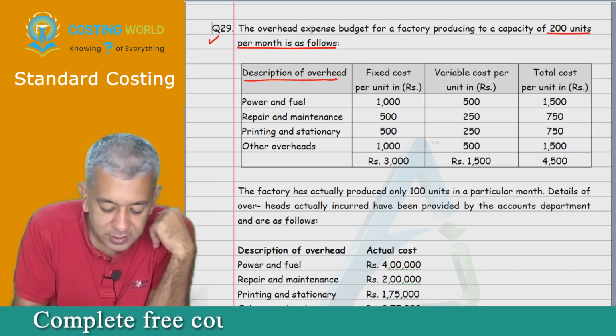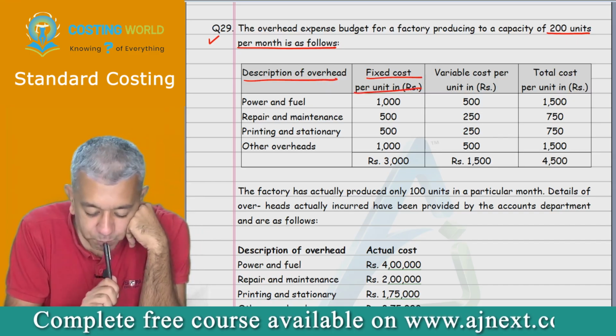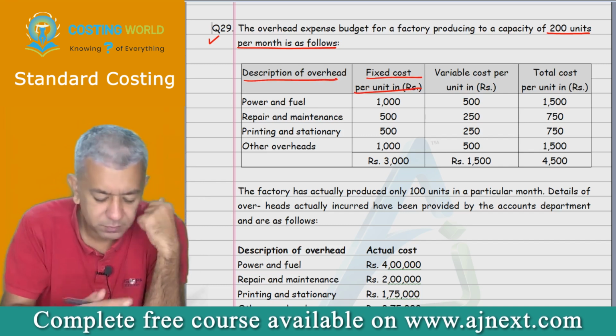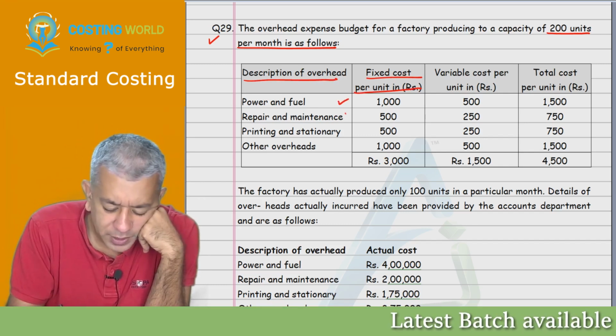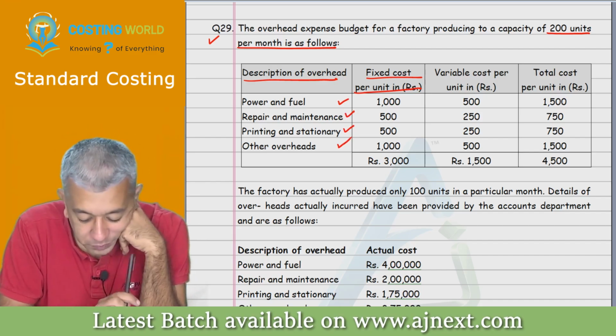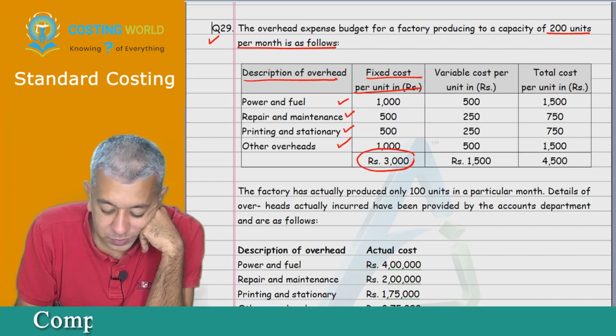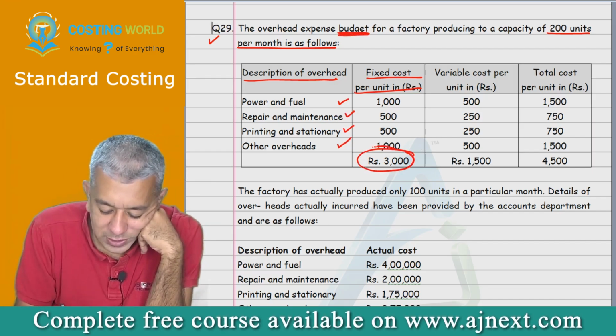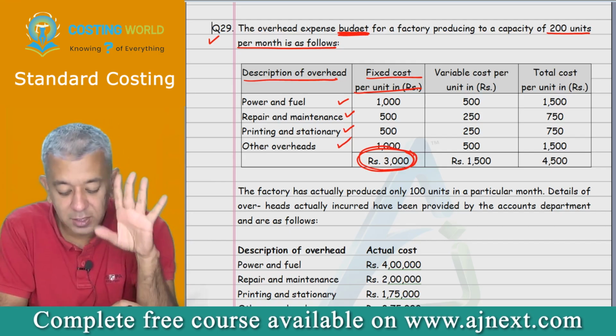Description of overheads, fixed overheads per unit. Now they have given 4 categories of fixed overheads: power and fuel, repair and maintenance, printing and stationery, other overheads. In all this is 3000. Now this is budget, so this is 3000 per unit.